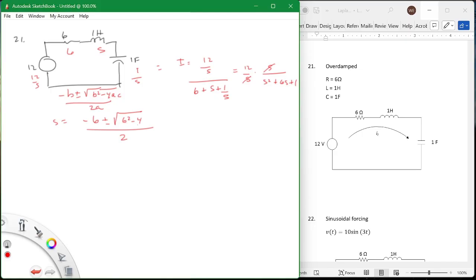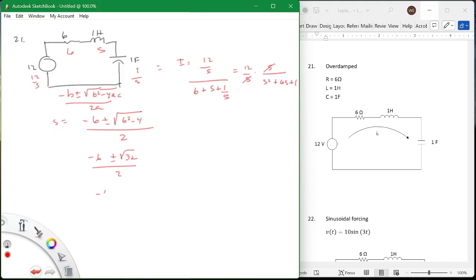6 squared is 36, minus 4 is 32, so it's minus 6 plus or minus the square root of 32 all over 2. What's the square root of 32? Does that come out to anything nice? No, it doesn't. Okay, it's 4 root 2. Okay, very good. Yeah, you can do that.